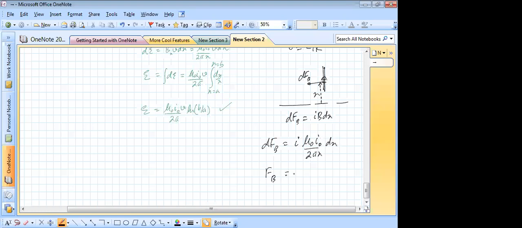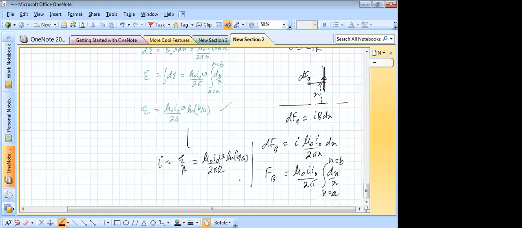So your magnetic force will become mu naught I naught upon 2 pi dx by x, again integrated from x equal to a to x equal to b, where your I will be this thing, E divided by R. So mu naught I naught by 2 pi R. So this ln b by a term will come in square. Understood, beta? Is this clear, beta? Yes.